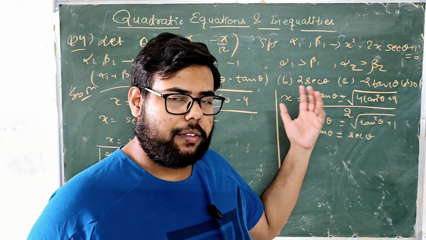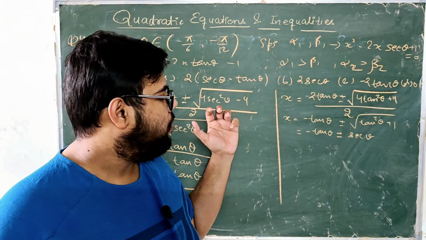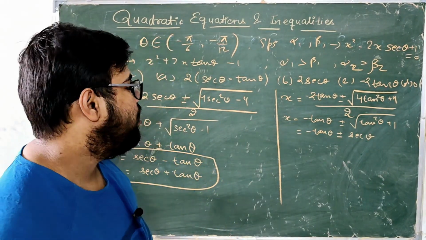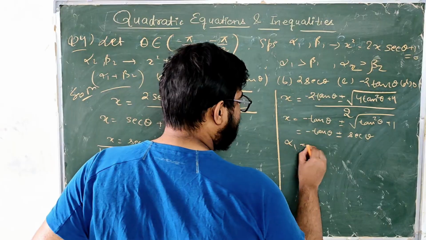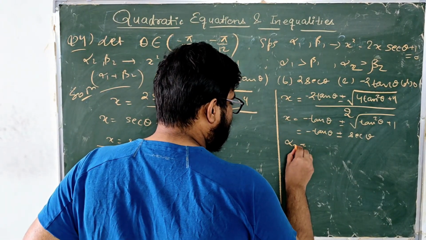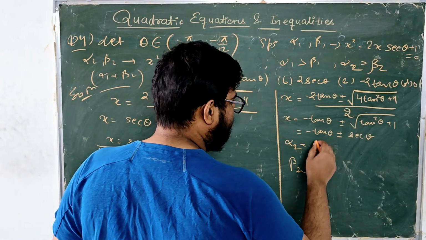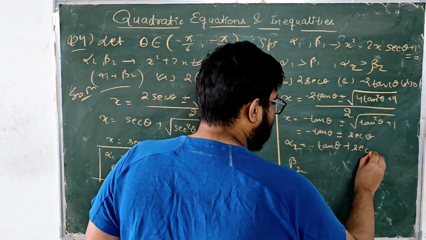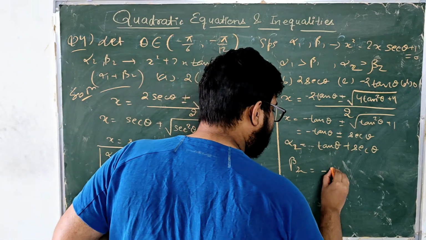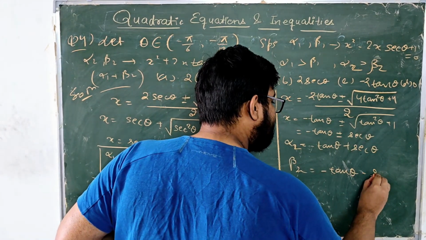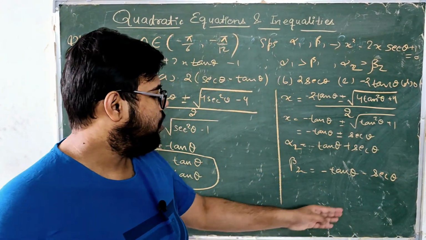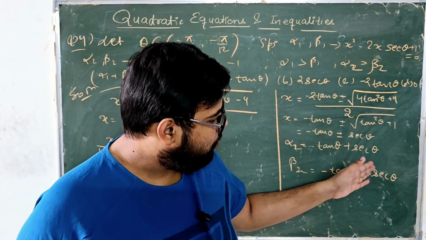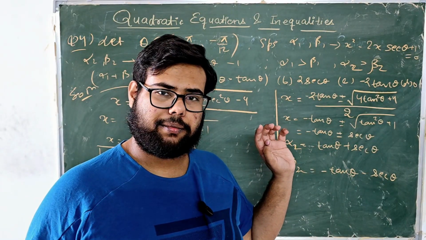While proving the formula for the quadratic equation, we take that into account, and that's why we put the plus minus sign. So from here you get alpha 2 as negative tan theta plus sec theta, and beta 2 as negative tan theta minus sec theta. Again, because sec theta is a positive quantity, if you subtract it, you will get a more negative value than this.